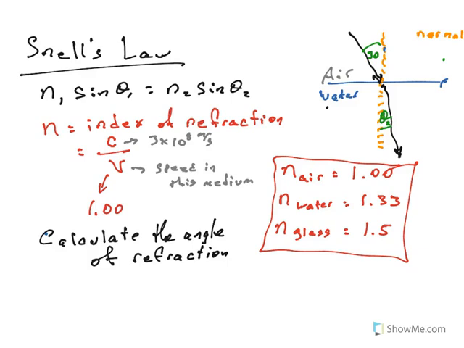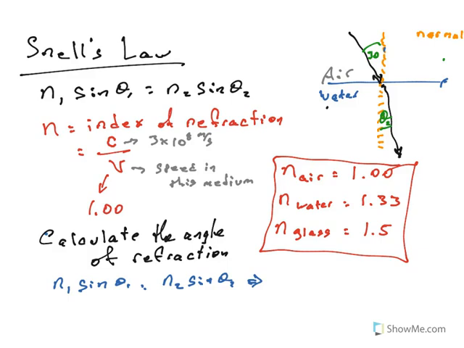Well, we want to use Snell's law. So we'd say, okay, N1 sine theta 1 is N2 sine theta 2. So we're starting in air, so our 1 stuff is air and our 2 stuff is the water. We're going from air to water.